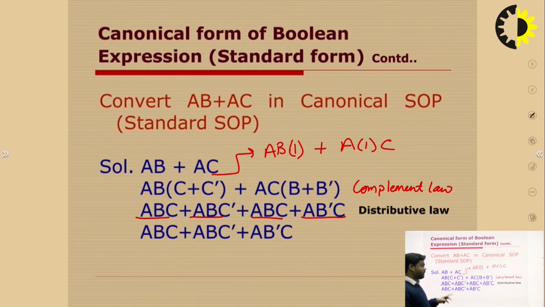From the distributive law, there is a common term abc and abc, and we have to take it only one time. So abc, now abc bar and ab bar c. This is the standard SOP.